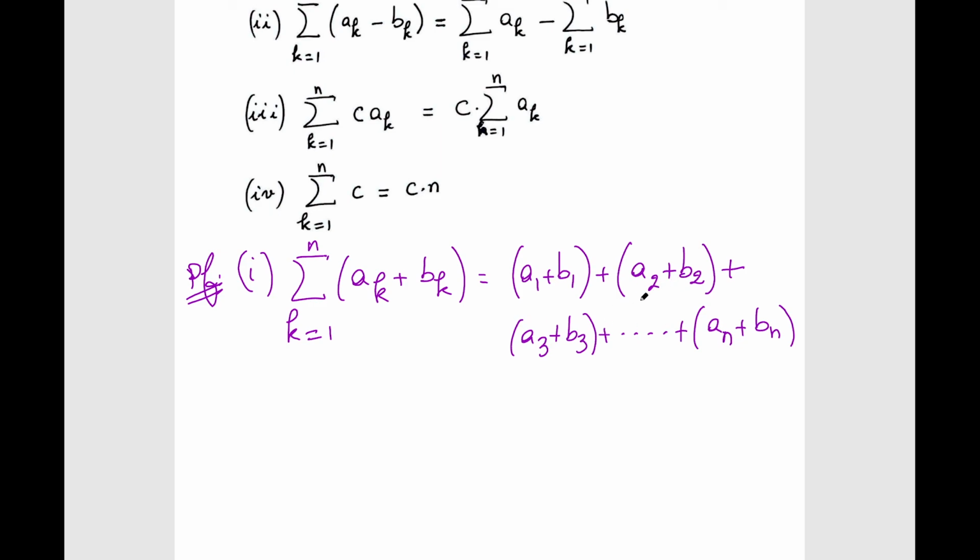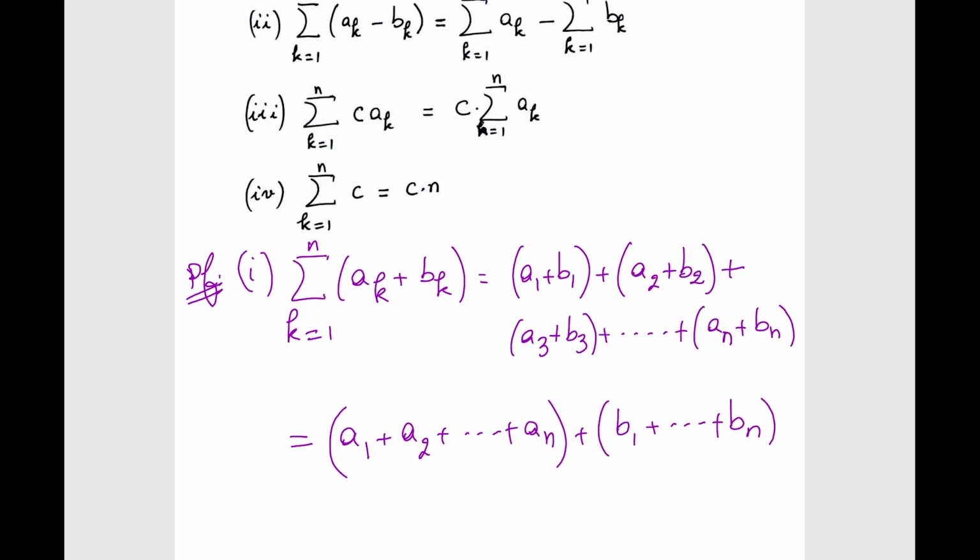So at the end of the day, I can write the a_i's back to back in order, and add that result to the sum of all the b_i's when I place them back to back.